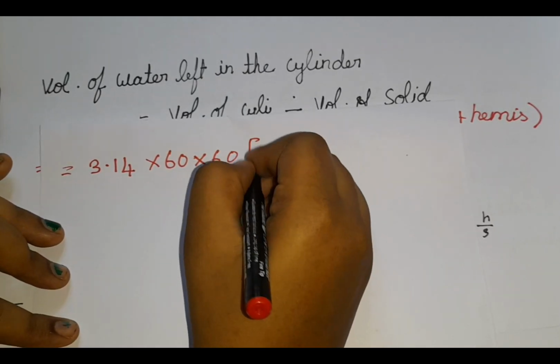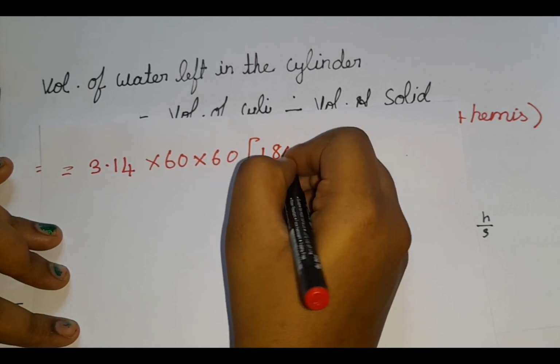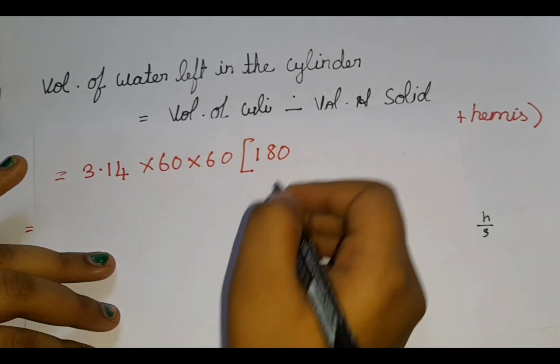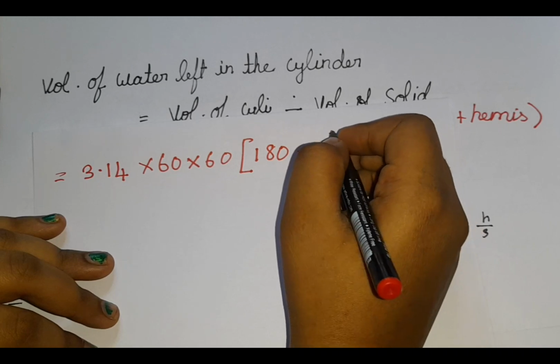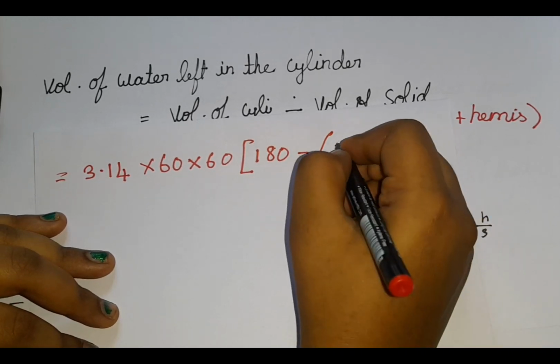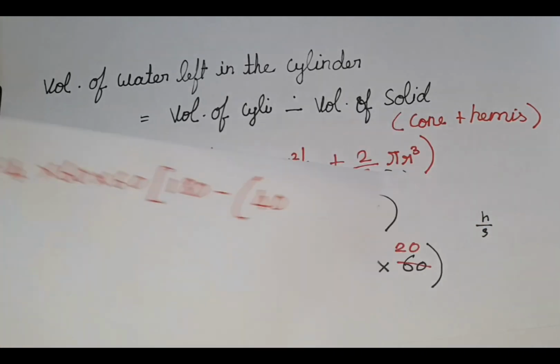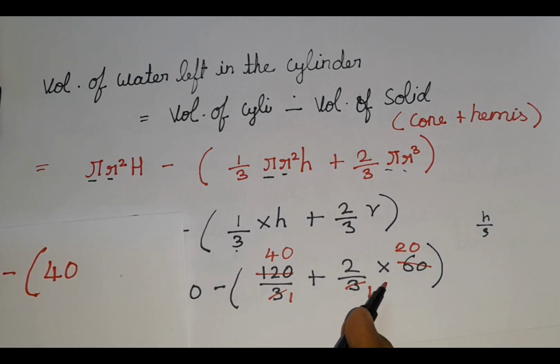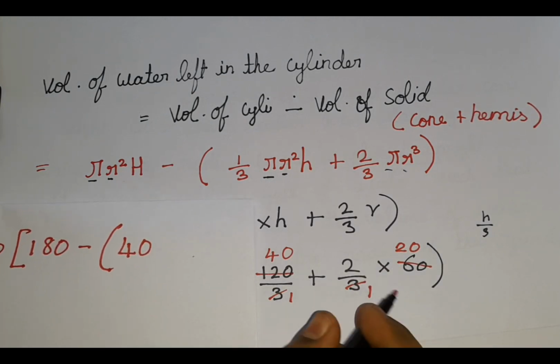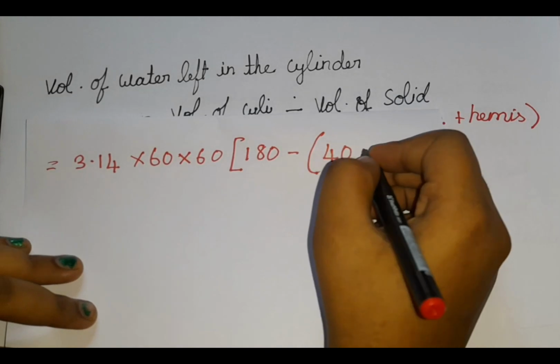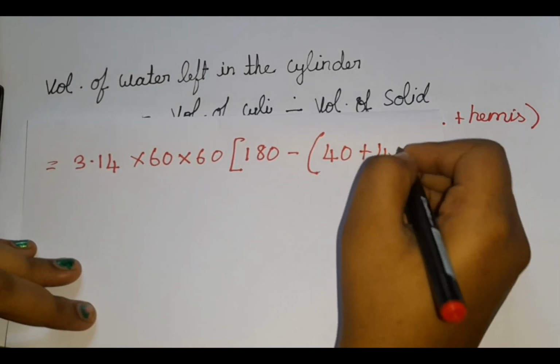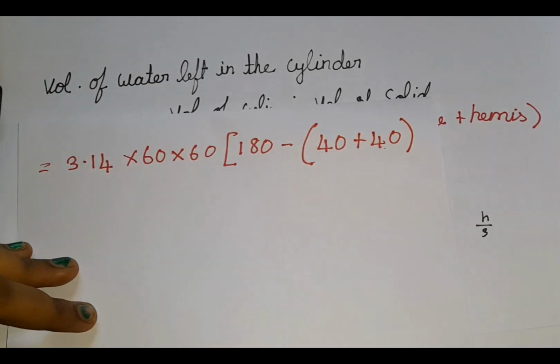Then bracket, and then we have 180 minus, and then bracket we have 40, and 2 into 20 is 40, so plus 40, and close the bracket.